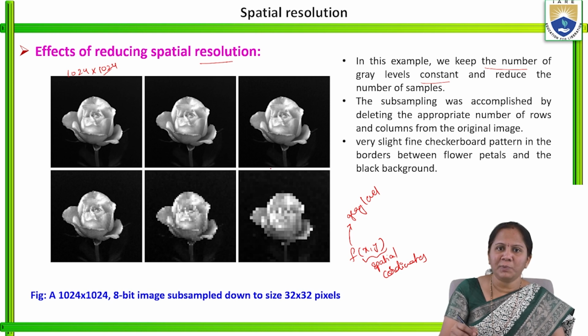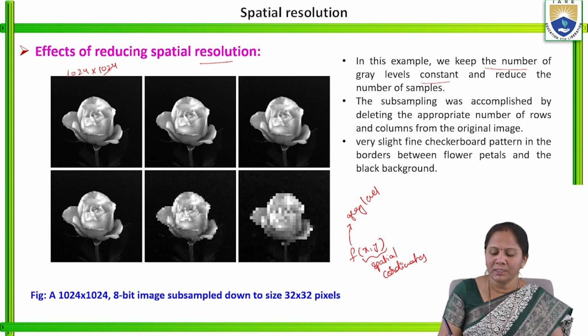In this example, we are varying the values of x and y while keeping the gray level value f constant. This is one important point we consider during spatial resolution.